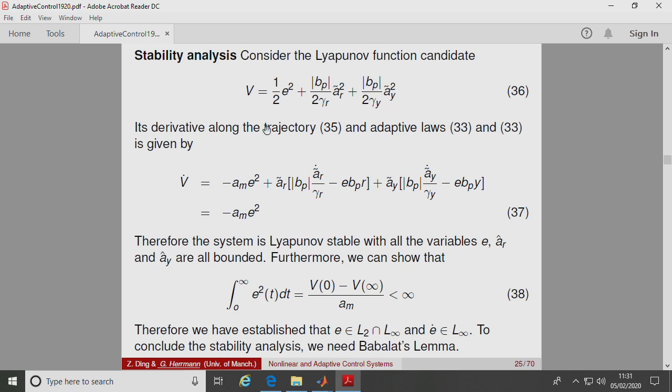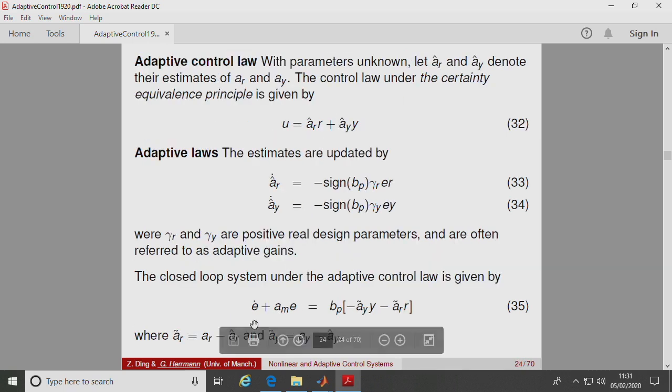Let's have a look back at the dynamic equation here. We know that if E is bounded, meaning our error in ym in relation to y, then also y must be bounded, isn't it? Okay. Let's write this down.